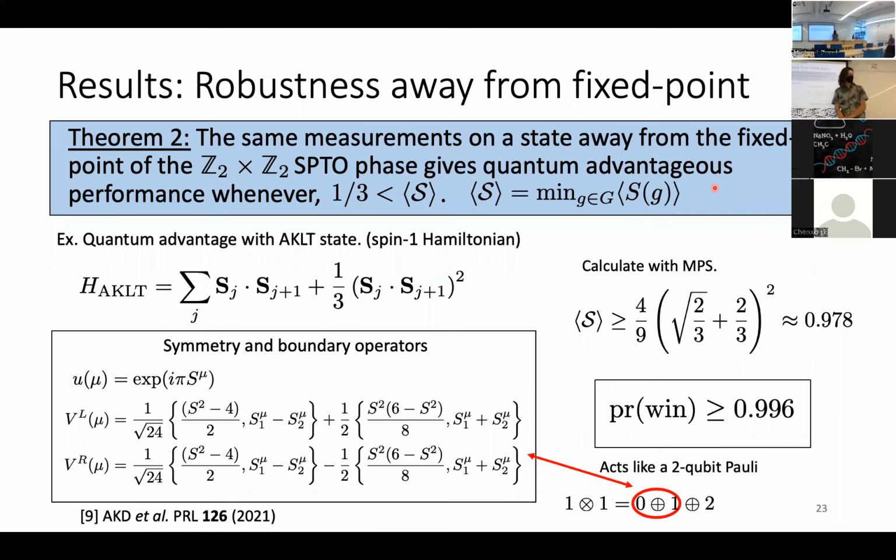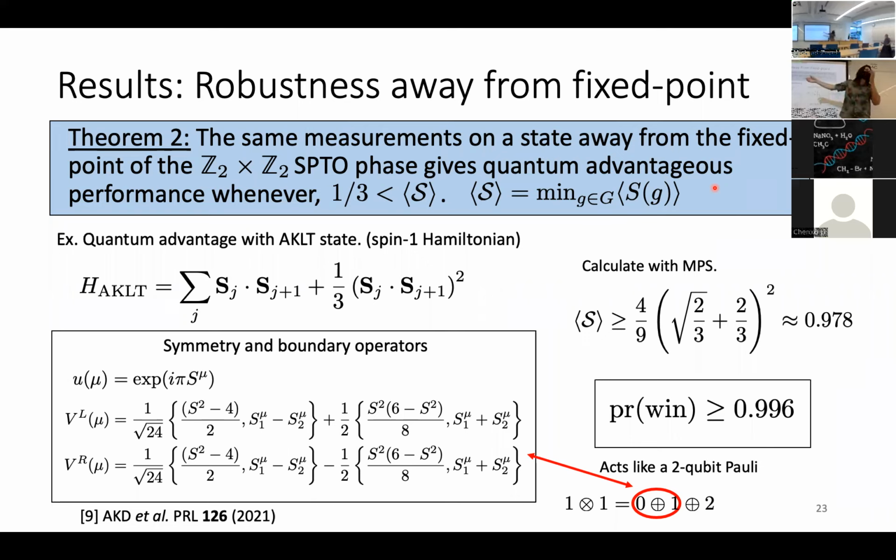You said you're applying your RG procedure. Naively, you would expect that everything flows to the fixed point state, which I believe is the cluster state, which should give you success probability 1. So why is it not 1? Oh, why is it not 1? Because I'm just measuring all the same operators that I would have measured on the cluster state, but on the AKLT state now.